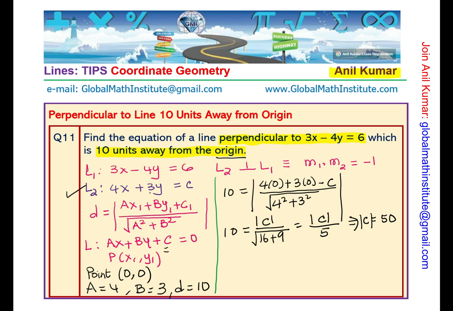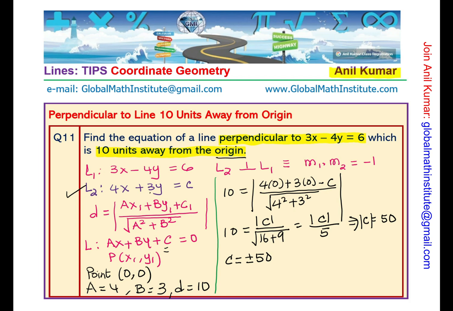So c could be equal to positive or negative 50. So we have two lines here which are perpendicular to the given line. They could be on either side of the origin, giving you this distance.